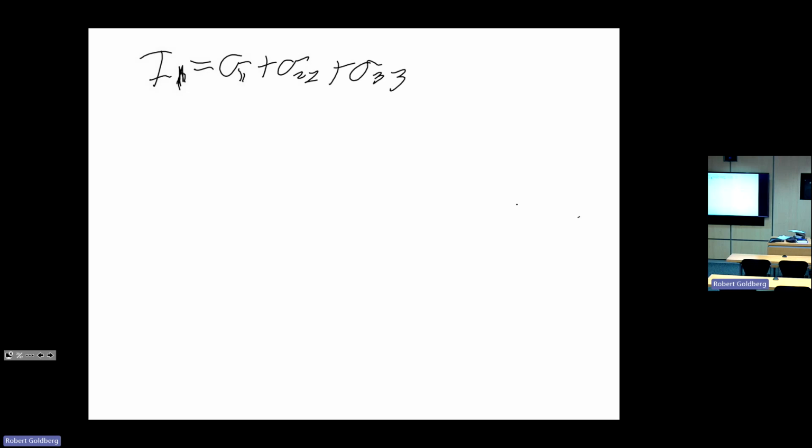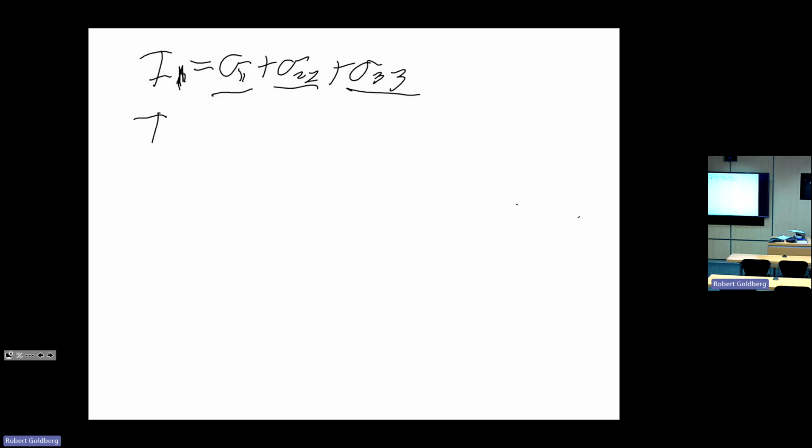As we change our coordinate axes, the specific values of sigma 1, sigma 2, and sigma 3 will change, but the value of the invariant, the way that you add the 3 together, will not change. So they are effectively the fundamental properties of a particular stress tensor.